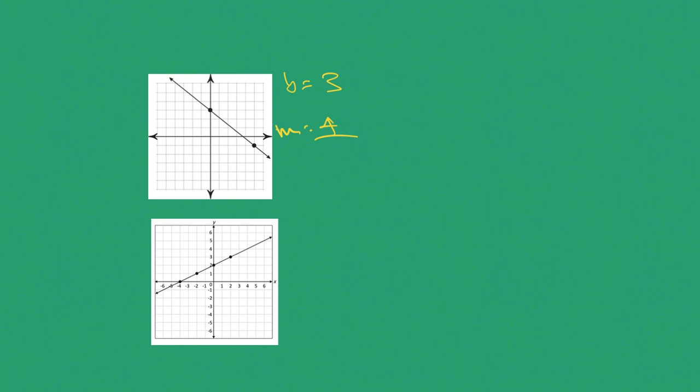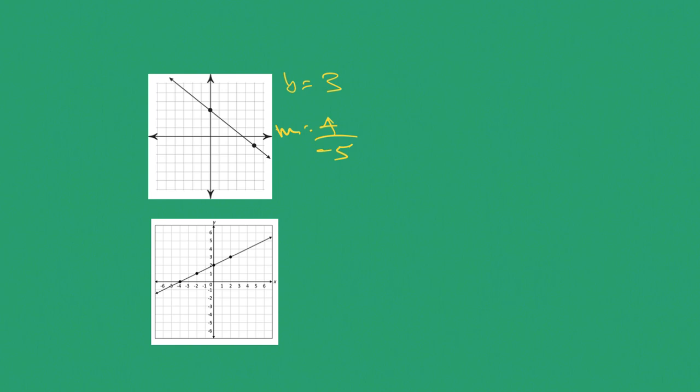And then we've got to go to the left 1, 2, 3, 4, 5. Left 5 would be negative. So up 4, left 5 is 4 over negative 5. There's your slope.